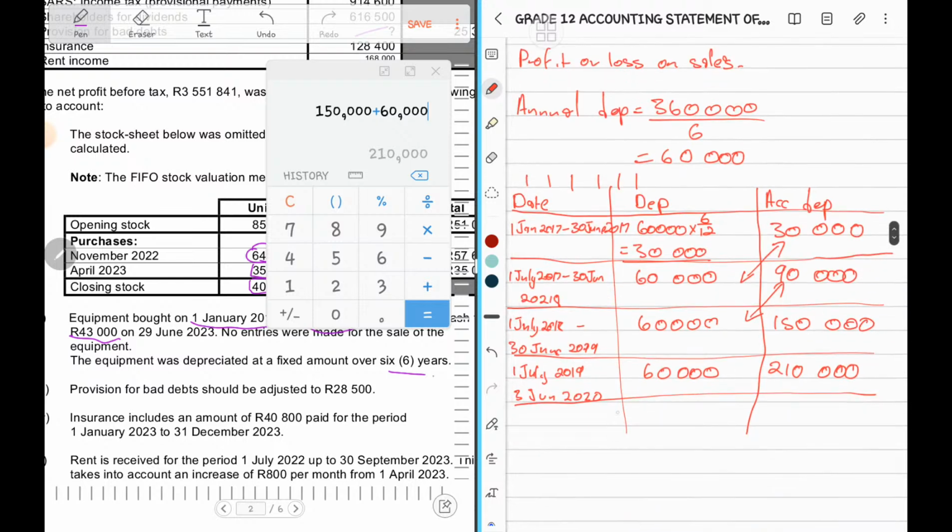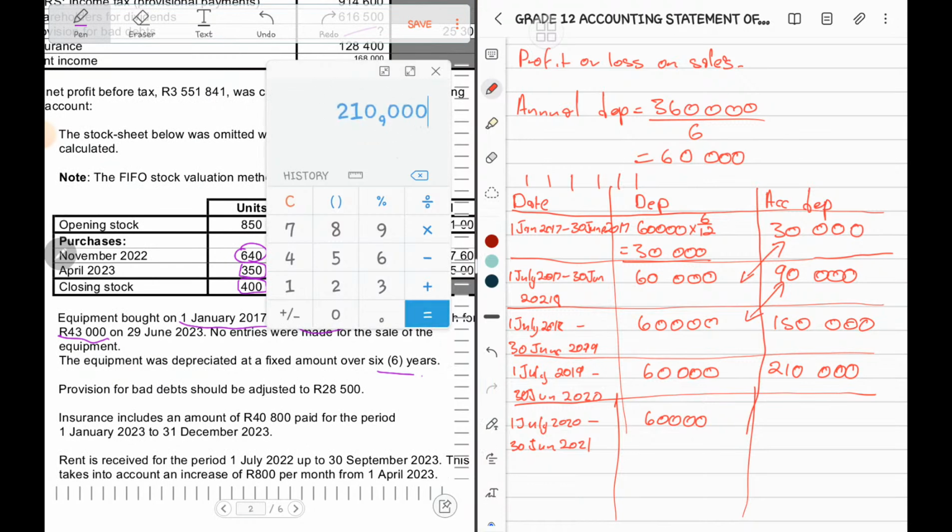Okay, and then next year it will be 1st July 2020 up until 30 June 2021. So here again it will be 60,000, and that'll give us how much? 210,000 plus 60,000, that gives us 270,000.